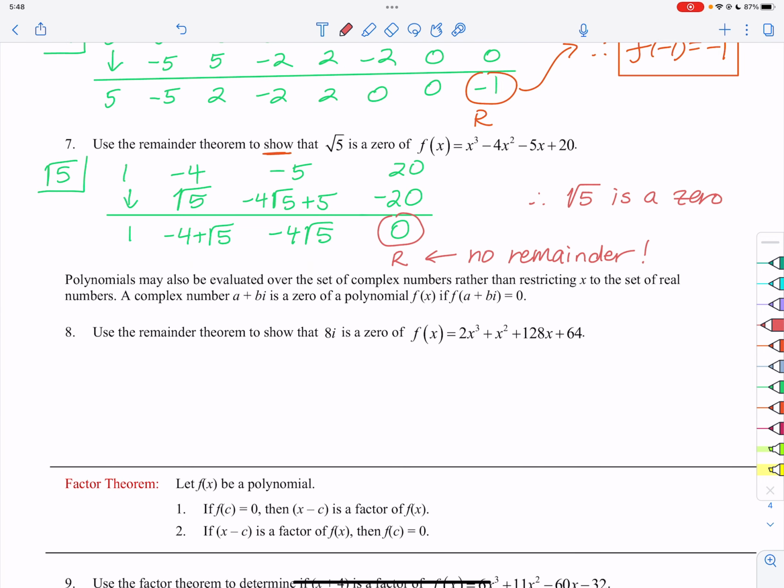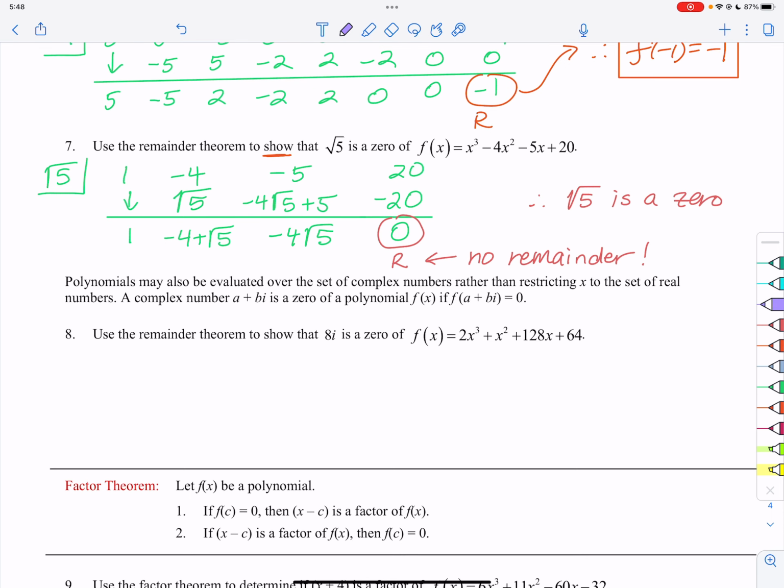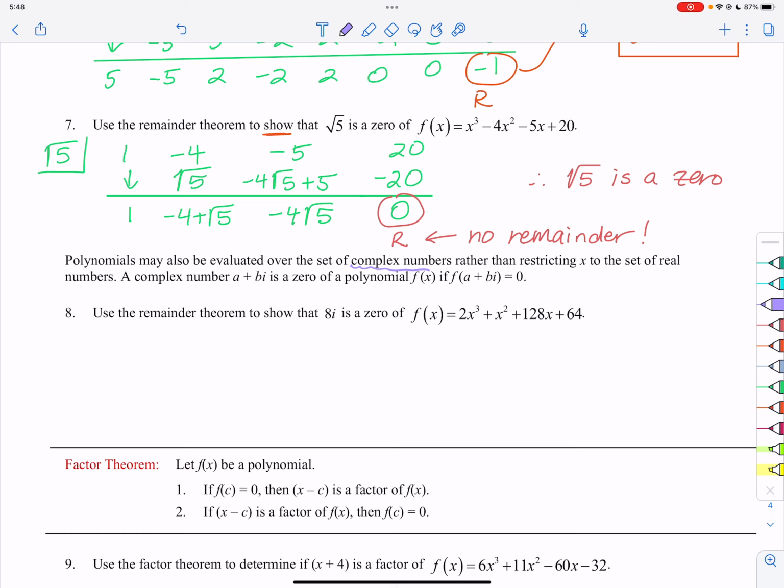Okay, so when that remainder is 0, then the value of c that's in the box is a 0 of the polynomial. Now, polynomials may also be evaluated using complex numbers. So we're not just restricted to real numbers. So a complex number, a plus bi, is a 0 of the polynomial if the function value of that complex number is equal to 0.